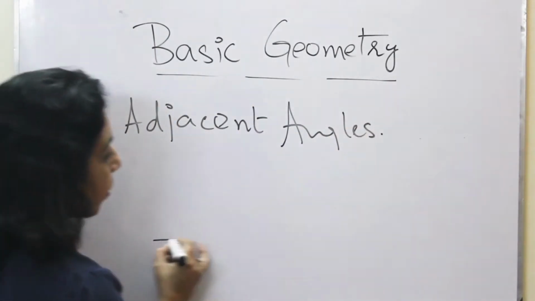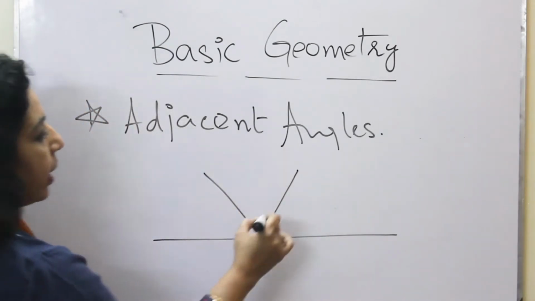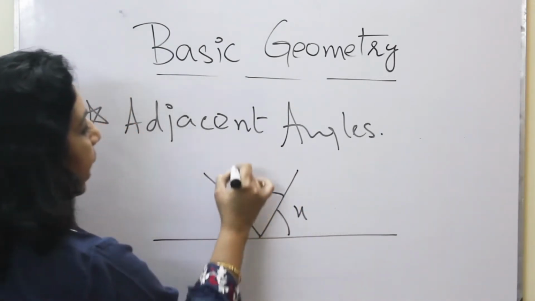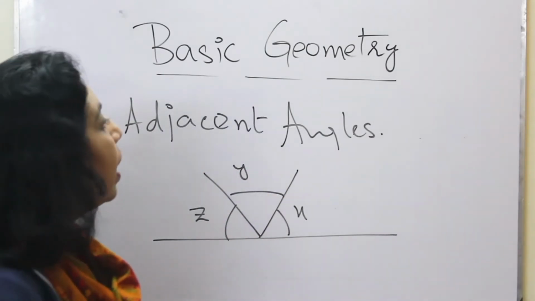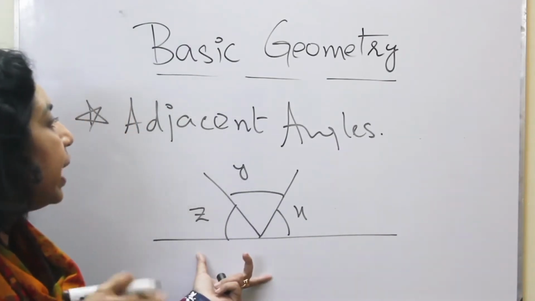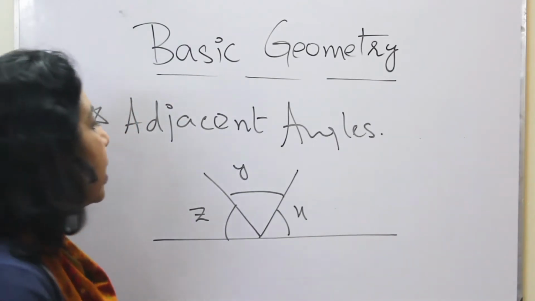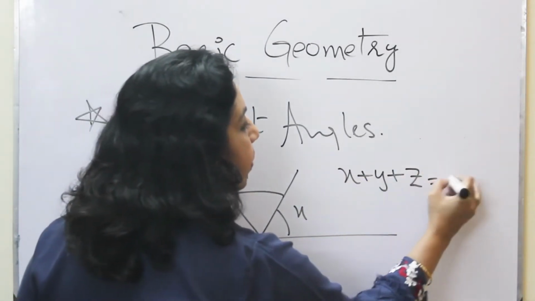Adjacent angles are those, we can have more than 2 angles in it, when the sum of 2 or 3 angles or even more than 3 angles equals 180 degrees. Every supplementary angle is also adjacent, but adjacent may have more than 2 or 3 angles, even 4, 5. So the sum of adjacent angles equals 180 degrees.